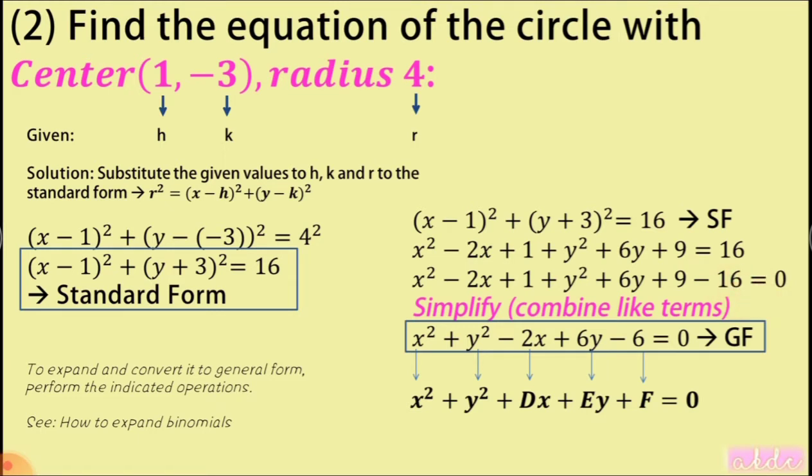And then arrange and combine similar terms if there's any. So x squared, y squared, dx is negative 2x, ey is positive 6y, and then f stands for constant. So we have constants 1 plus 9 is 10, minus 16 is negative 6 equals 0. So this is the general form. The standard form is this, and the general form is this.